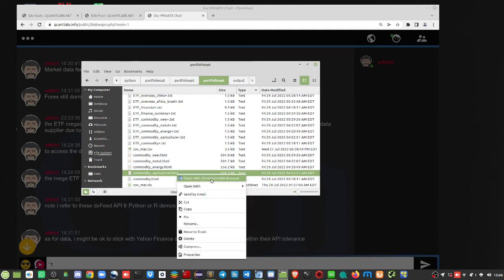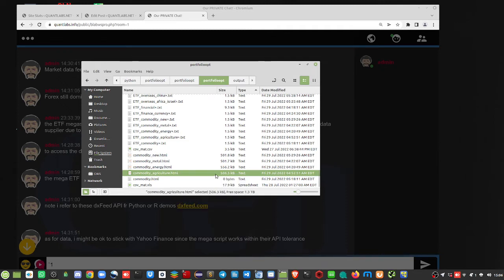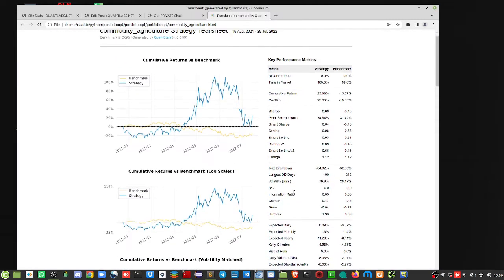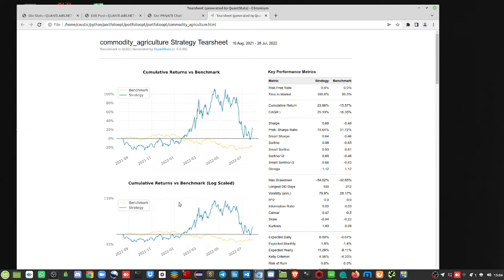Now you've seen these tear sheets before, but what matters is the performance overall. You can see this goes back almost a year, so it's pretty close to a year, 240 days to be exact. Again, what you're looking for is a Sharpe ratio.